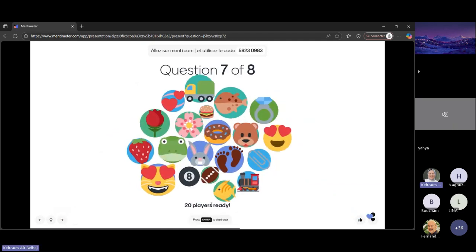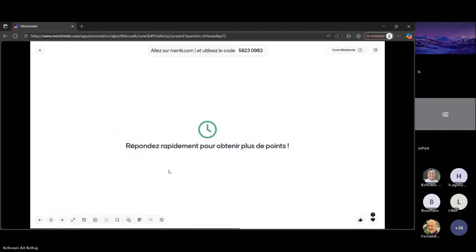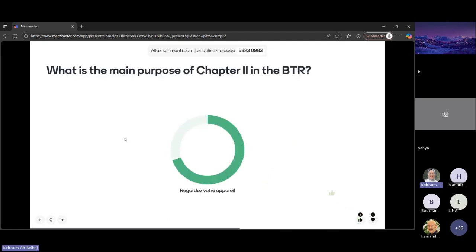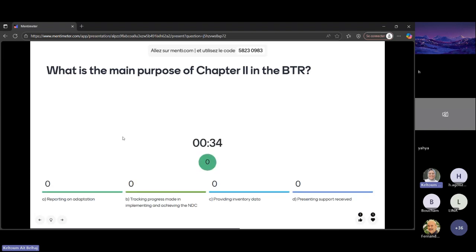Okay, question number 7. What is the main purpose of Chapter 2 in the BTR? We saw Chapter 1, GHG inventory, Chapter 2. Is it about reporting on adaptation, tracking the progress made in implementing and achieving NDC, providing inventory data, or presenting support received or support needed?